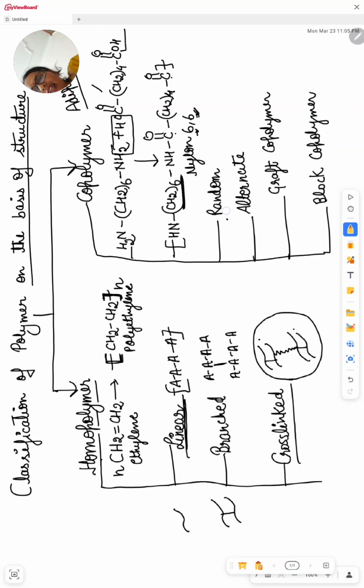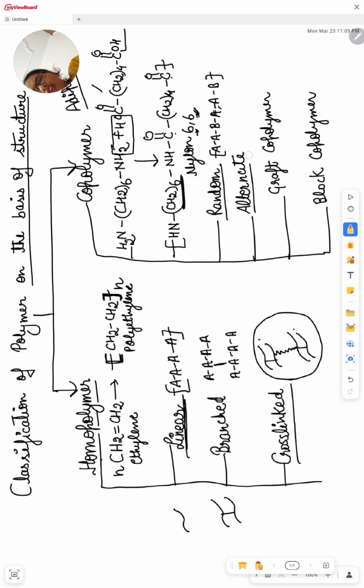So what is random? Random means monomers are joined together in a random fashion. There is no arrangement. Anytime A can come, B can come. So this is the random position. There is no arrangement, it means there is a random position. So this is about the random.